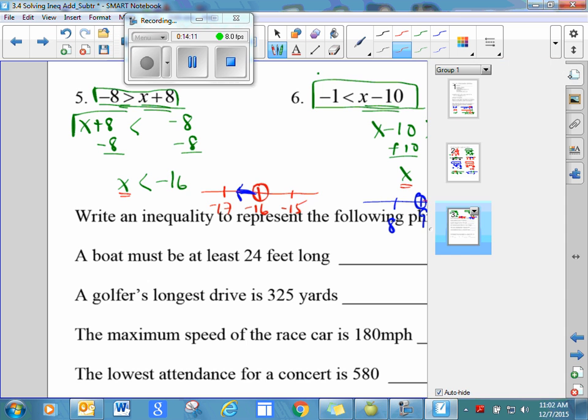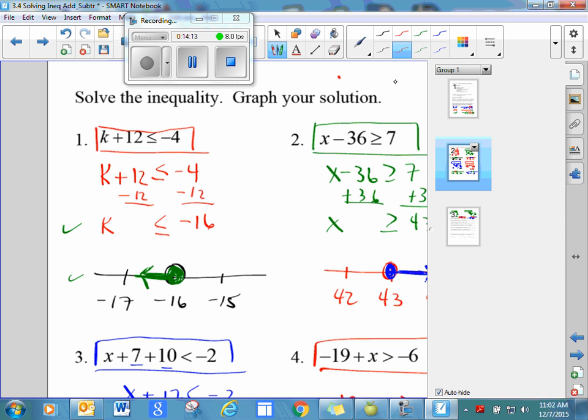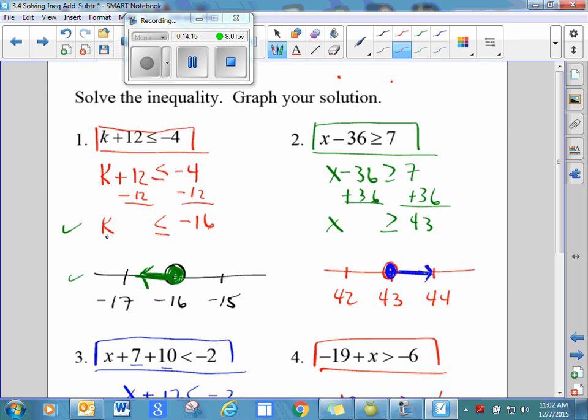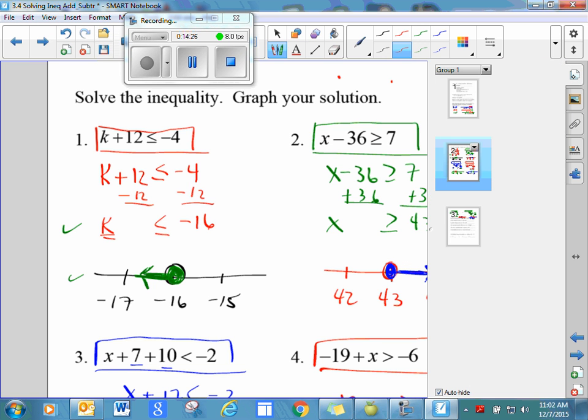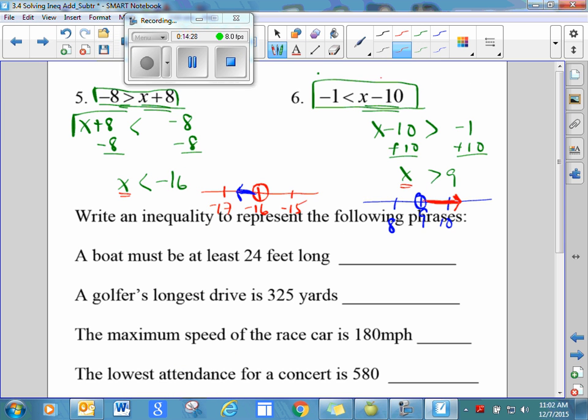And if you go back and look at the problems that we worked, all of these are the same, because the variable's on the left. This is pointing to the left, so that's the way my arrow is going. Every single one of these. If we had left that variable on the right-hand side, then you would have had a shading that goes opposite. So I think that's why it's easier to pick it up and move it.